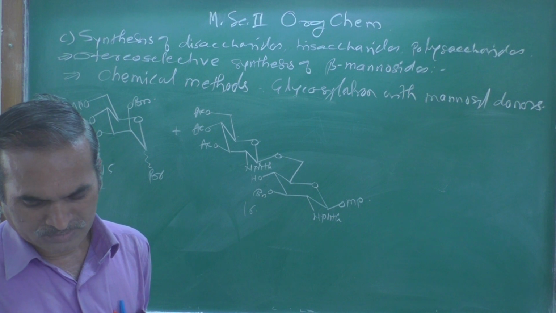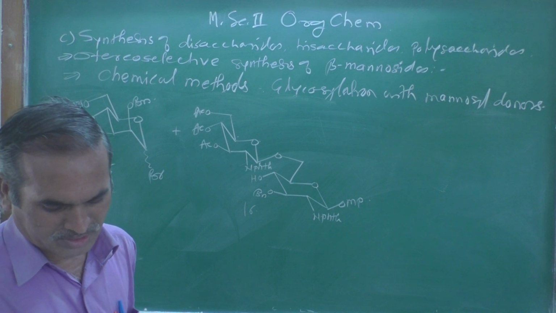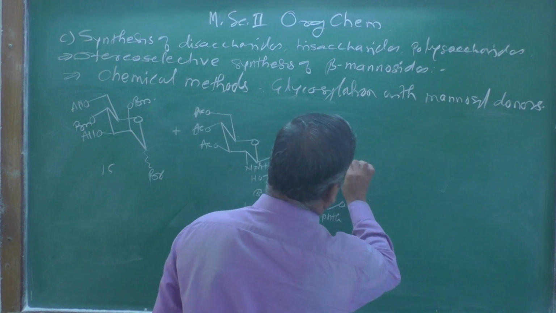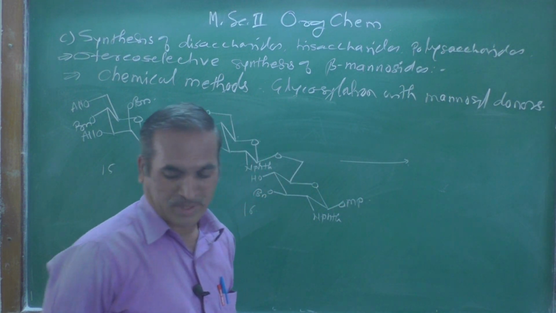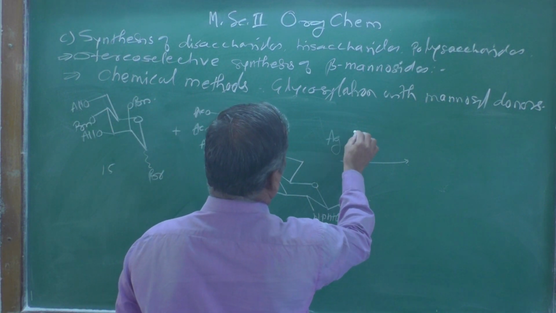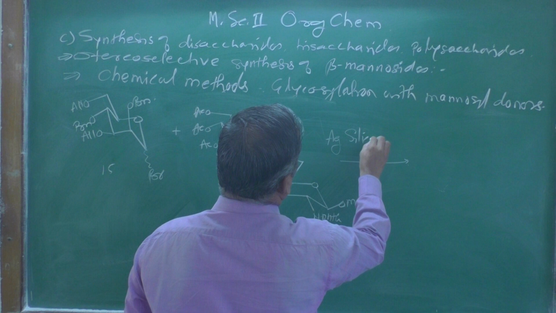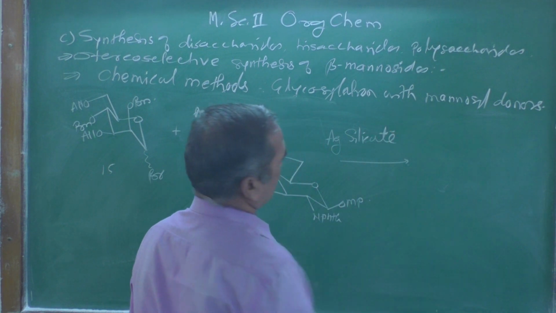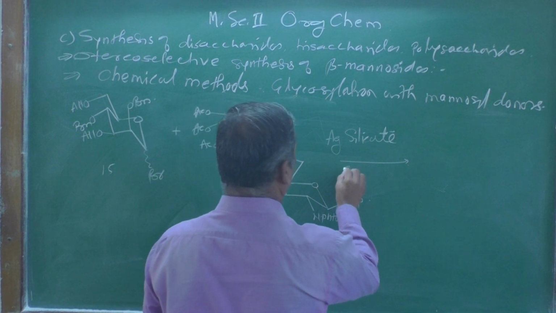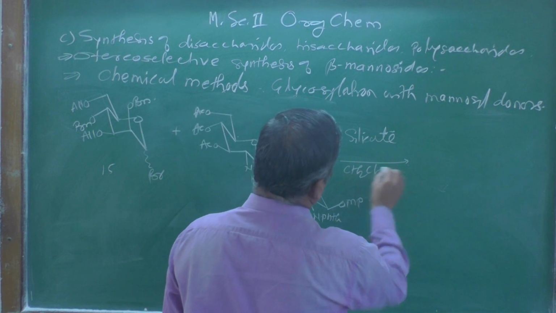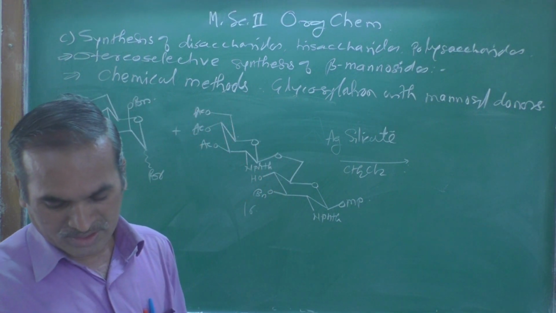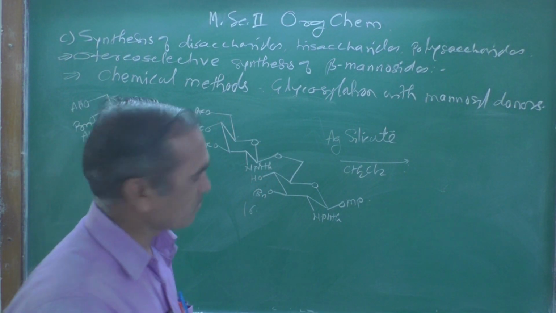When we combine structure number 15 and 16 together in the presence of Ag silicate, Ag meaning silver, where silicate acts as a promoter here, and CH2Cl2, that is dichloromethane, DCM, acts as a solvent here.